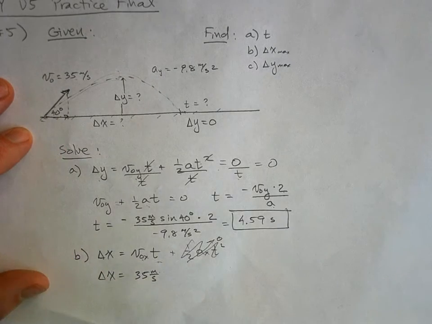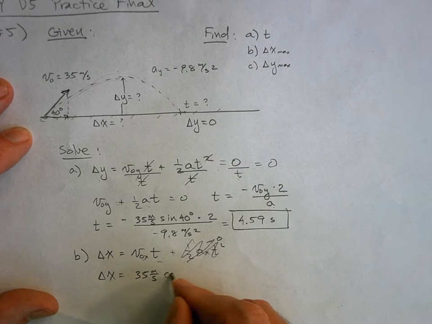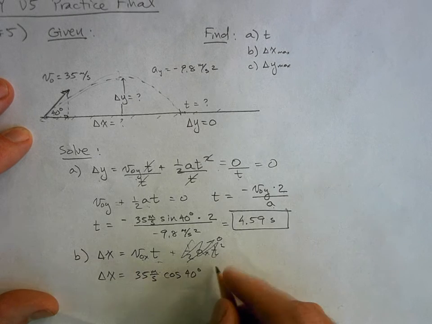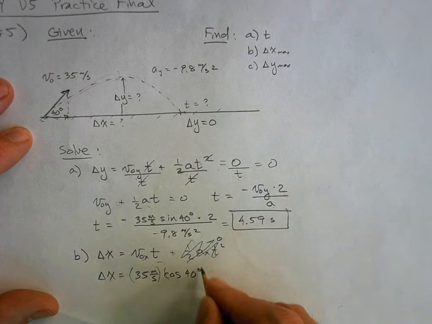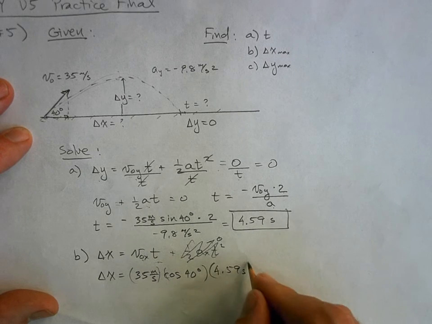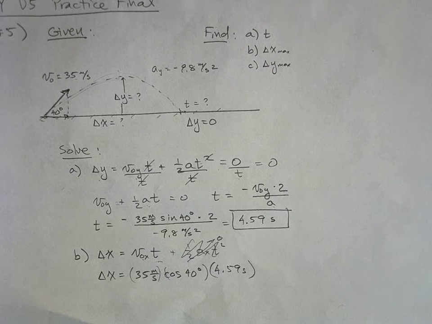Cosine data. Is it sine or cosine? Cosine. It's cosine because it's adjacent, right? So cosine 40 degrees. And then I'm forced to use the time 4.59 seconds. And so let's do that.